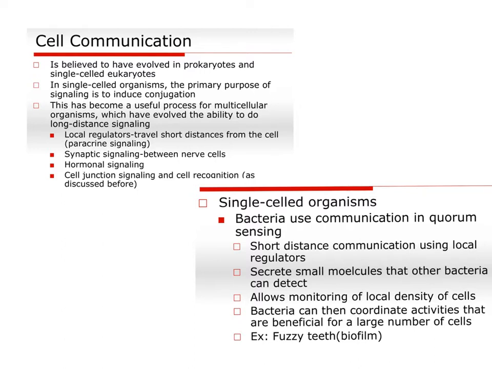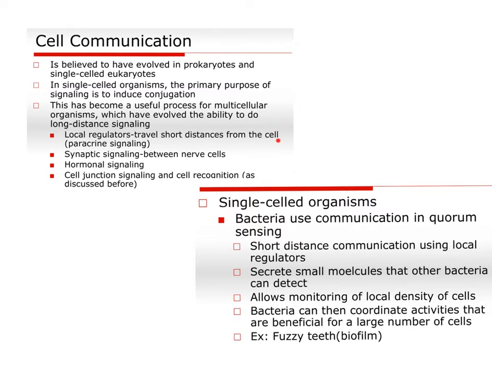You can have short distance, real close by local signaling that we call paracrine. And then you can have long distance signaling where you have, say, a brain controlling the release of hormones from a gland, and then the target of those hormones is in another part of the body, and that we call endocrine signaling. So we've got different distances across which we can signal.